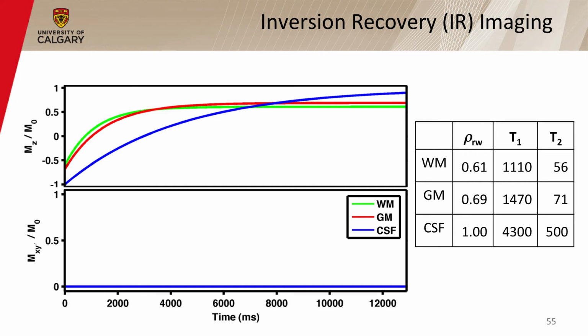So if we time it exactly right, we can apply our 90-degree pulse when CSF is at its MZ equals 0 point. Remember, if we have a perfect 180-degree pulse, how much transverse magnetization do we have? 0. And if we time the application of our 90-degree pulse right, we also have 0 Z magnetization.